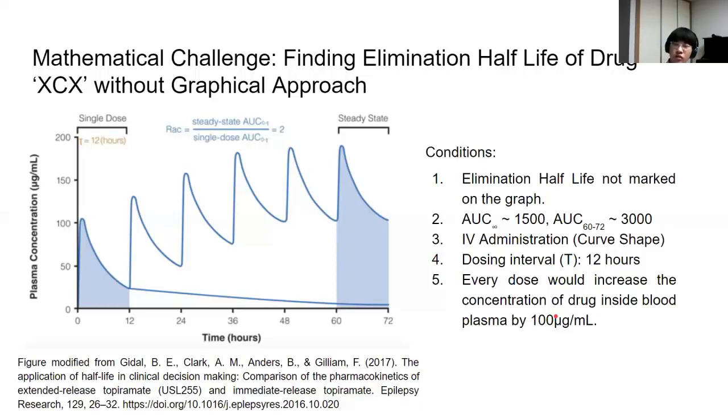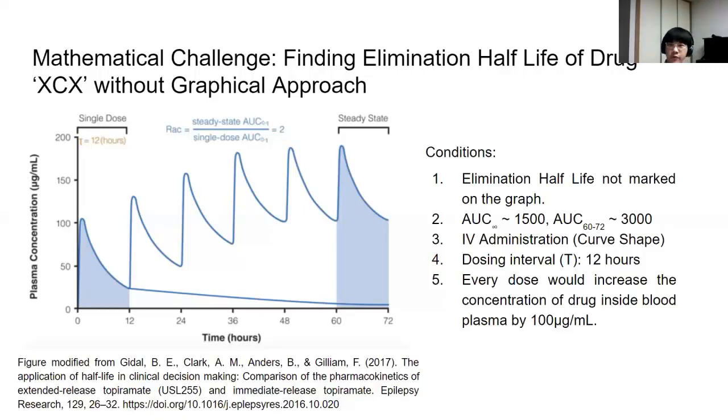In case you don't know, micro is like milli, which is 10 to the minus third power, adding another 10 to the minus third power. So 1 microgram is equivalent to 10 to the minus 6 power of a gram.